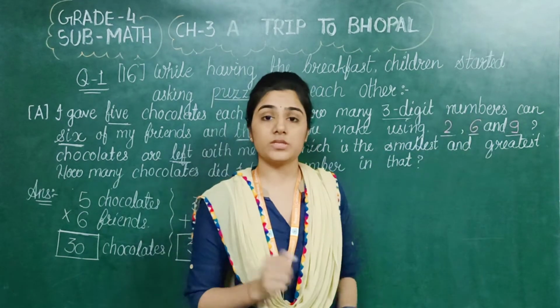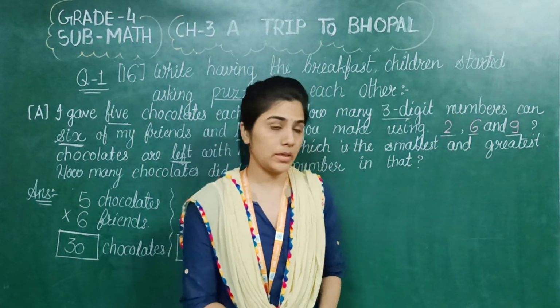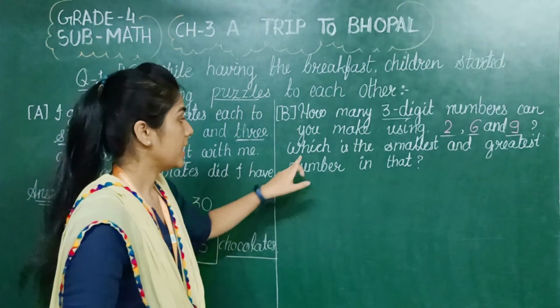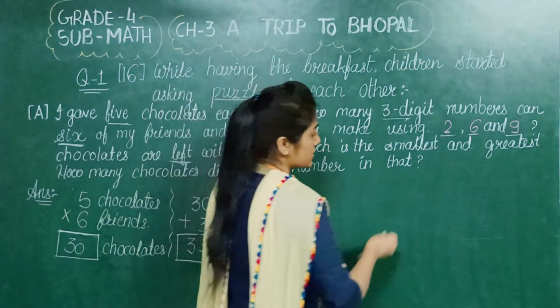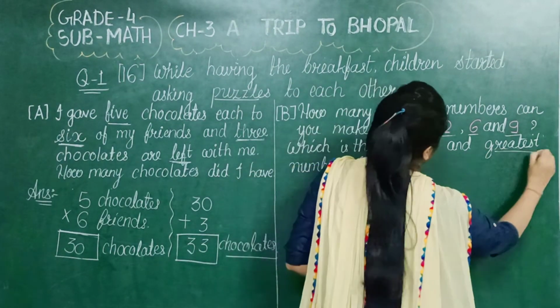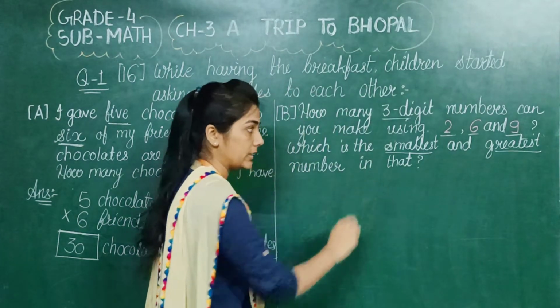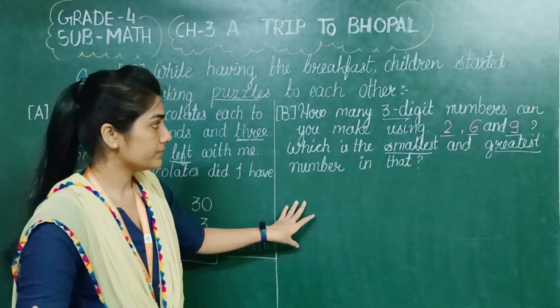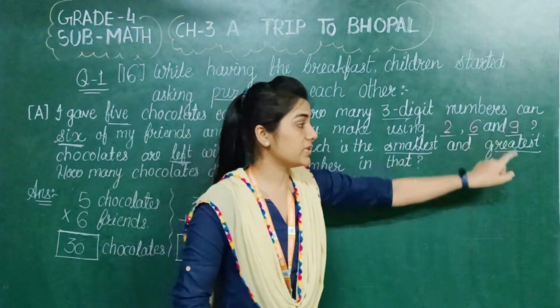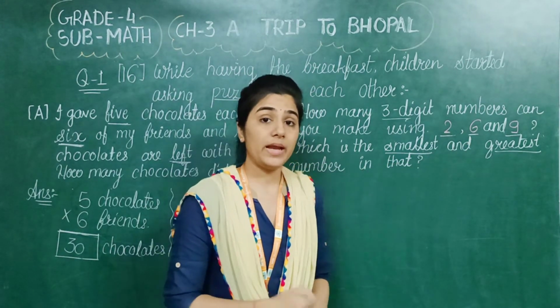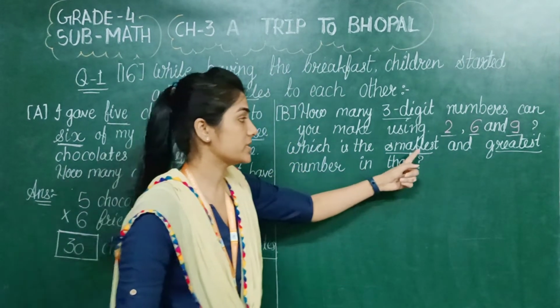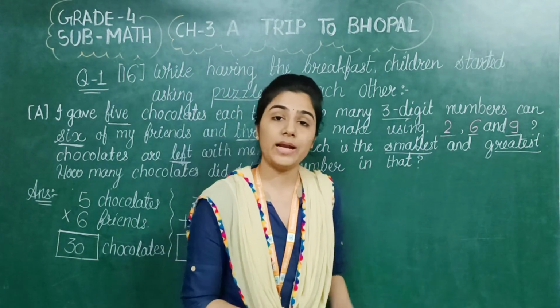By using these digits, how many numbers can you make? That we need to find. And which is the smallest and the greatest number among them? By using these 3 digits, we need to find how many numbers you can make, and from those numbers, which is the smallest and which is the greatest.